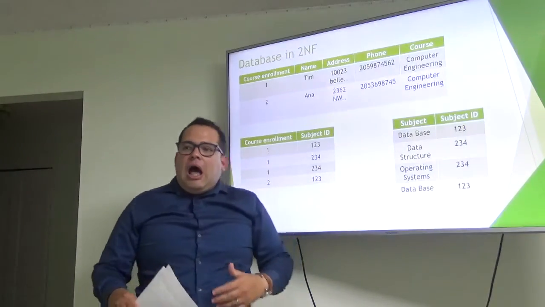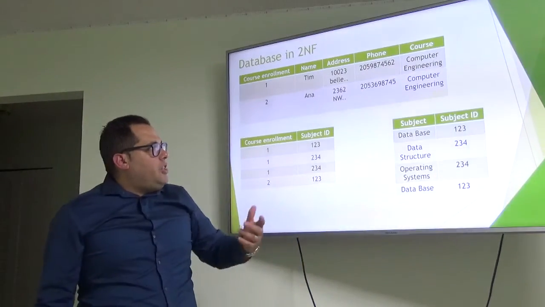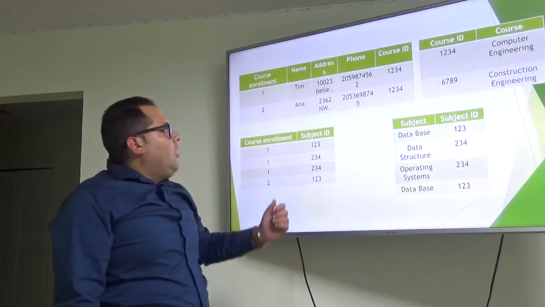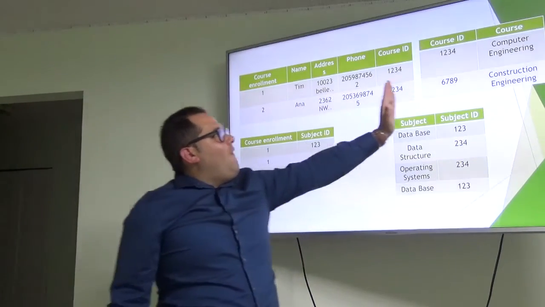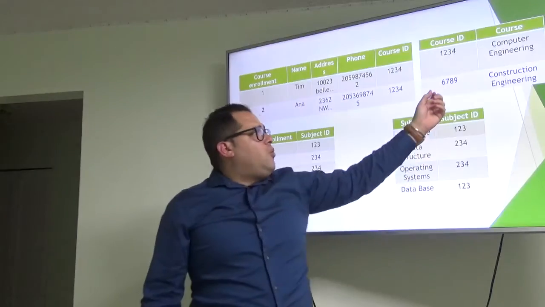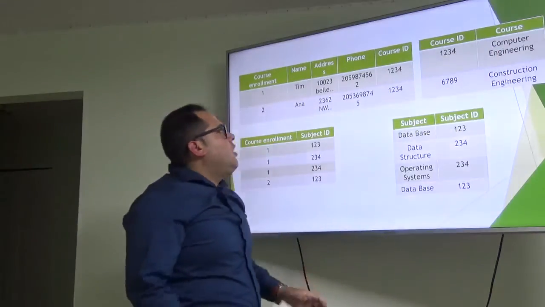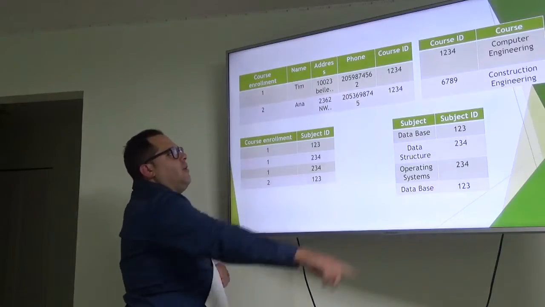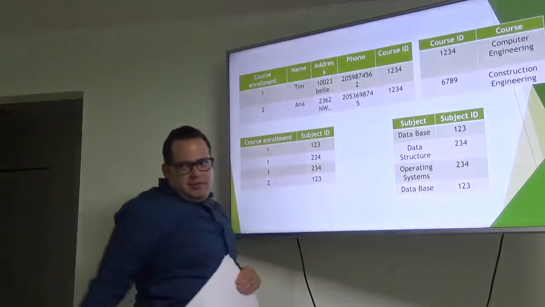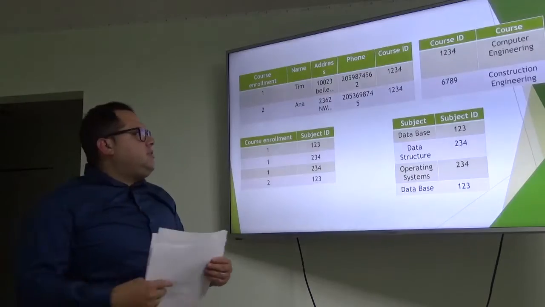Let's see our example next. Well, for our example, we added other courses, okay, to have different courses. And here, no dependencies. Why no dependencies?